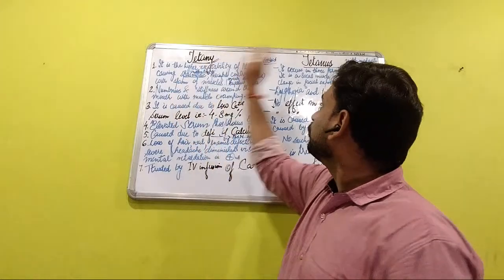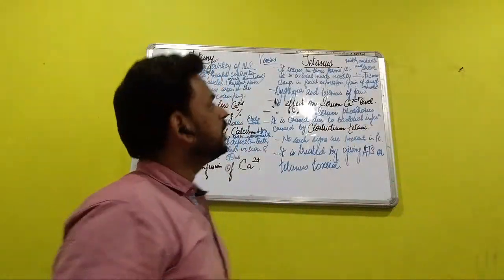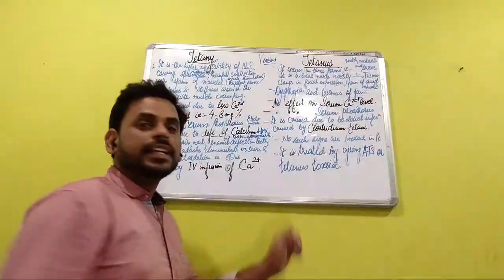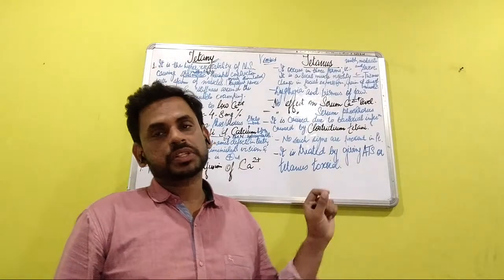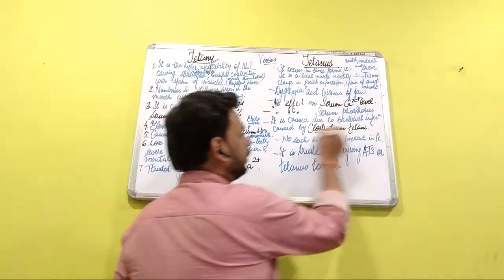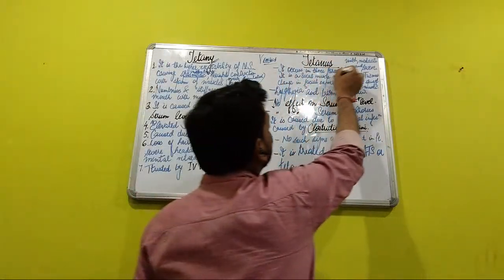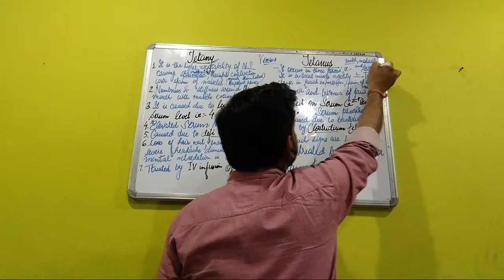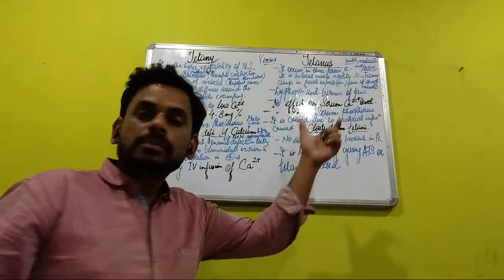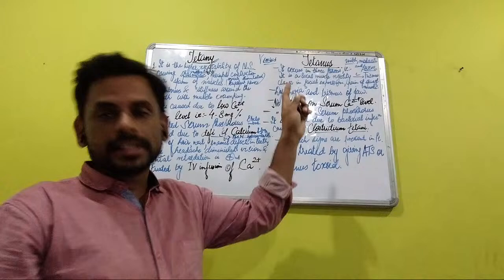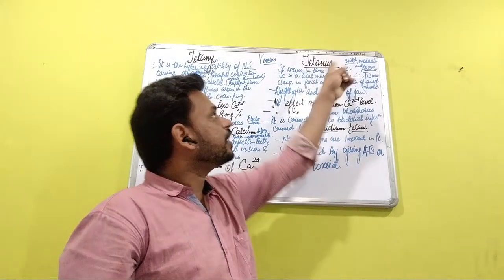Whereas in the case of tetanus, it is caused by a bacterium called Clostridium tetani. It occurs in three forms, such as mild, moderate and severe, and it is a local muscle rigidity. Do remember, this is a very important striking differentiating feature.